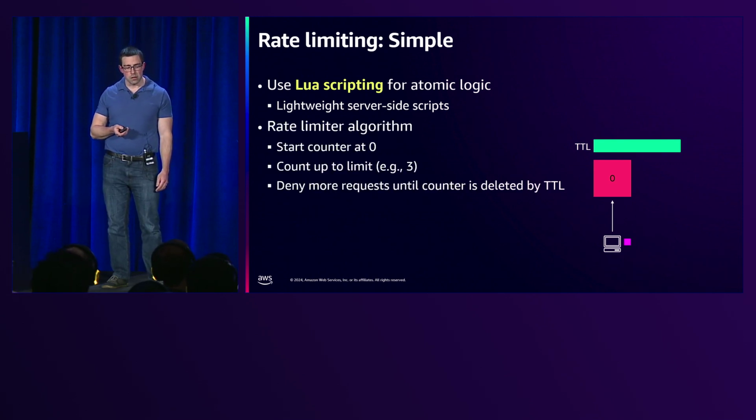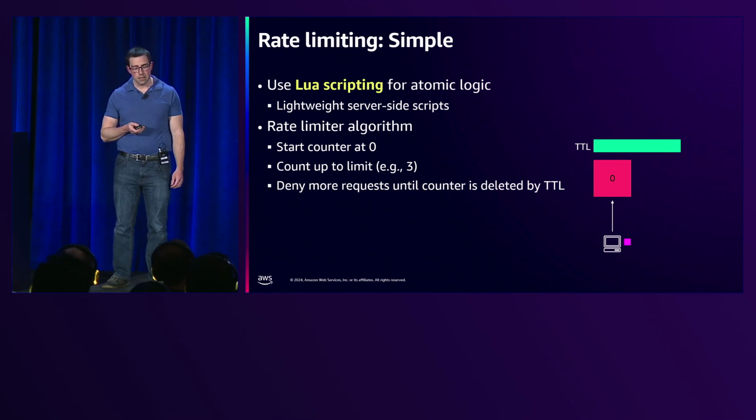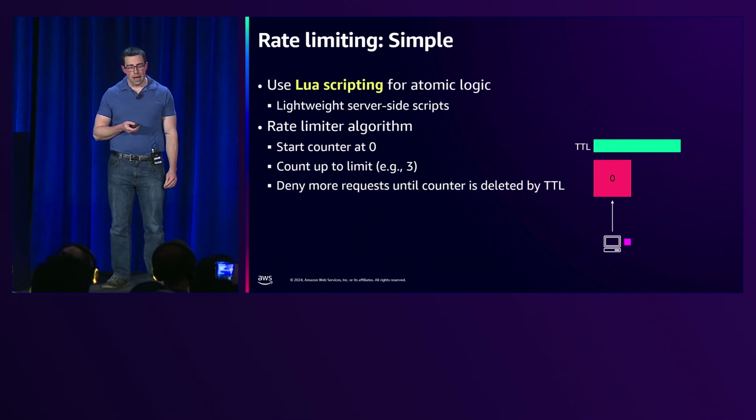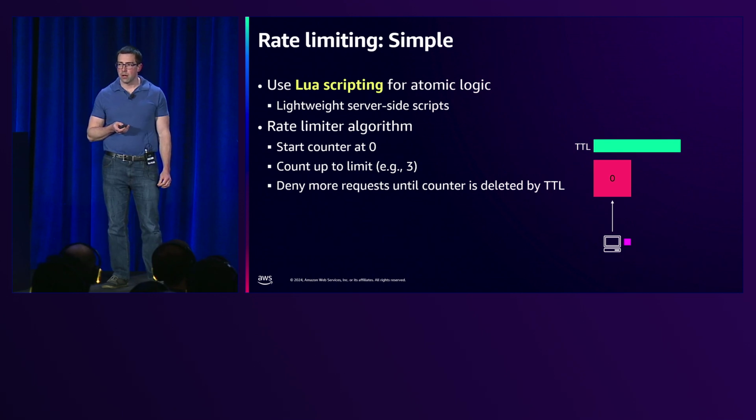So our general rate limiting algorithm is to start our counter at 0, empty. We'll count up to a predefined limit, in this case 3. And then we'll use the TTL value to delete the item. And we'll deny more requests until the TTL is expired, at which point the counter will reset, and we'll continue to be able to make calls at that point.